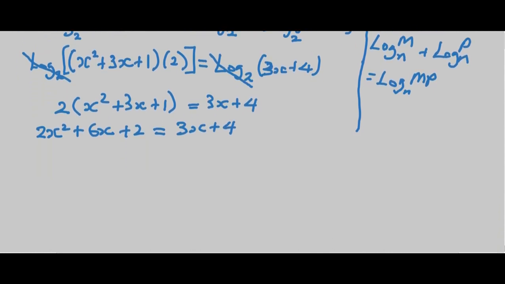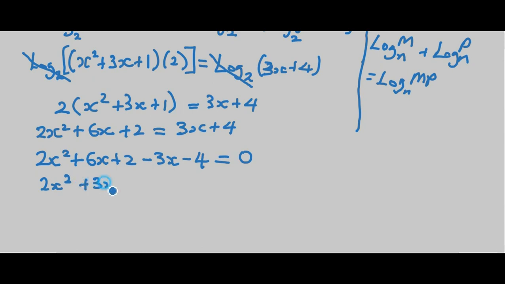So we have 2x squared plus 6x plus 2 minus 3x minus 4 is equal to 0. This will give us 2x squared plus 3x minus 2 is equal to 0.